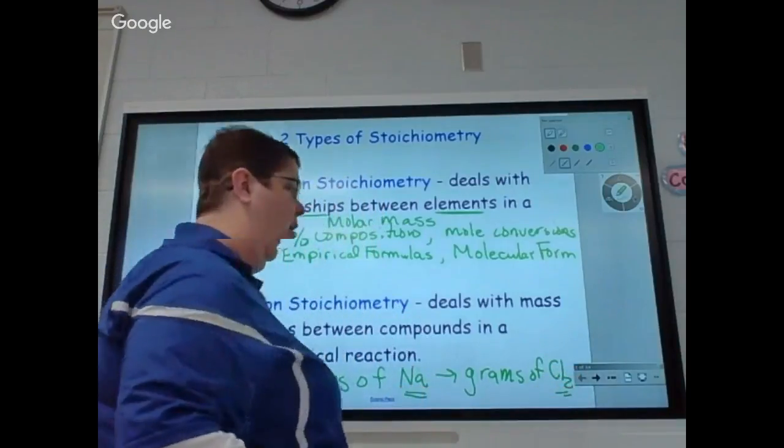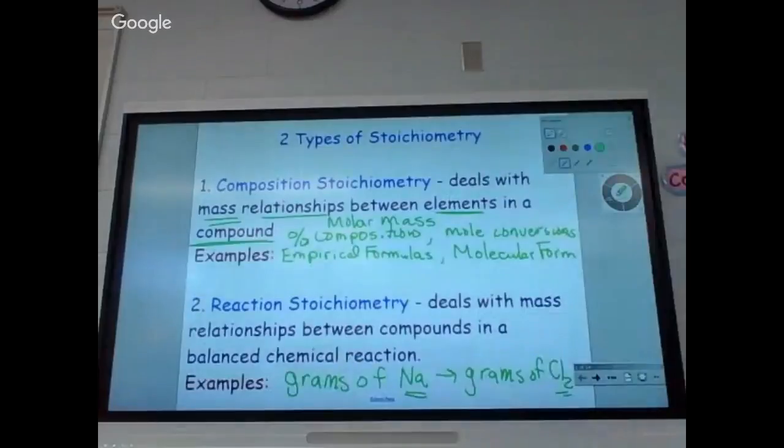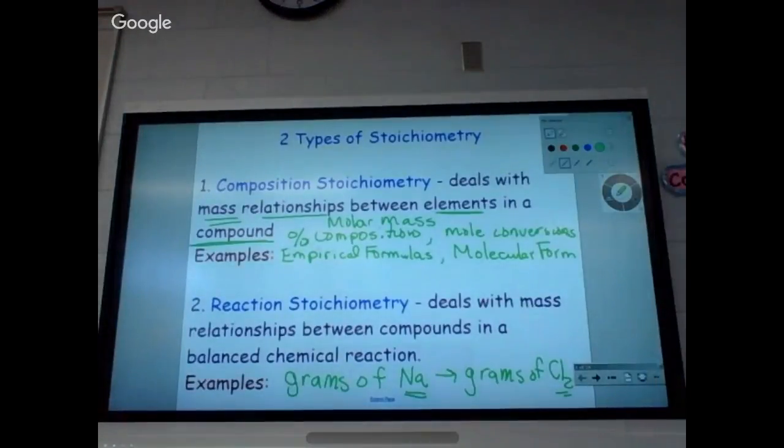Okay, so now we're going to explore a mass relationship from one compound to a mass relationship in a different compound. Well, the only way we can go from one compound to a different compound is using a balanced equation. The only way we can do that, and that's called reaction stoichiometry.